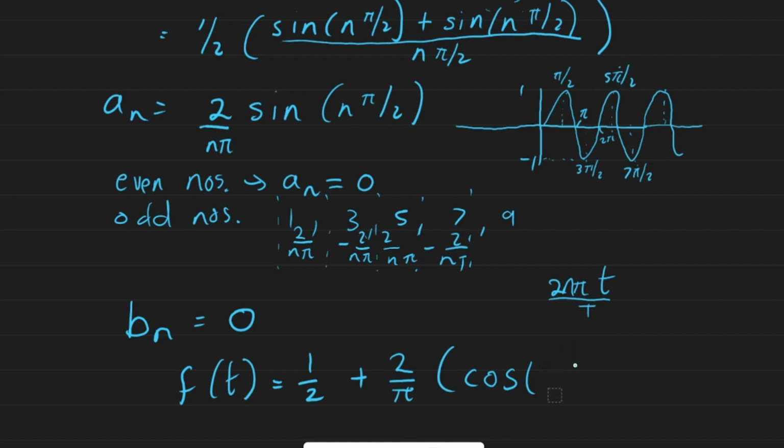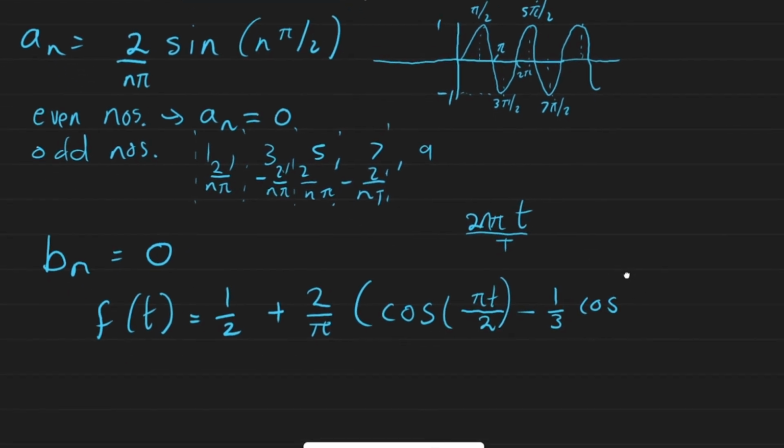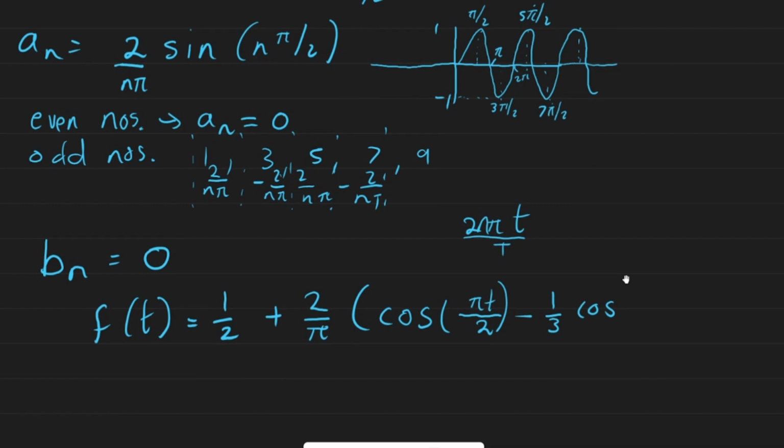Or let's just write it like this. So we have 2 in the denominator, and then we have n pi t. So we have just pi t. Then the second term is going to be negative. Remember, it's alternating. And we have 1 over n, so that's 1 over 3. And now we have cos of 2n pi t over T. So we said 2 over 4, so the denominator is 2.